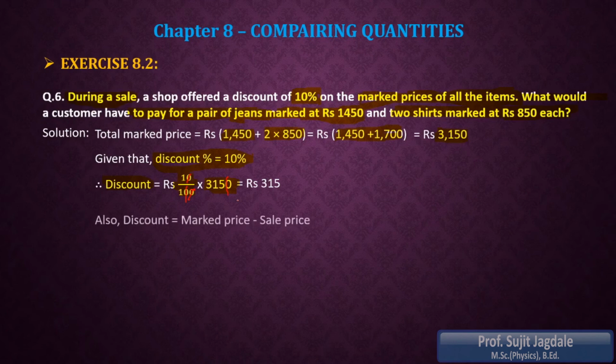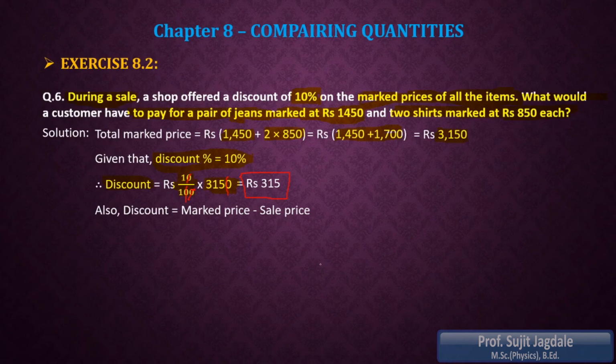So the shopkeeper is giving a discount of Rs 315. We can also calculate the discount by using another formula, which is marked price minus sale price, SP. Here we have to calculate the SP, that is, how much money the customer has to pay. I keep the discount, which is 315, and the marked price, which is 3150, and I have to calculate the sale price.